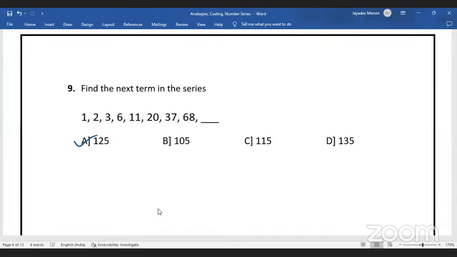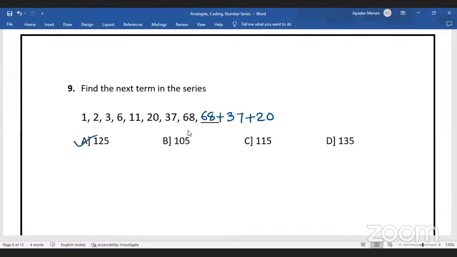Now next term 11, it is 6 plus 3 plus 2. 20, 11 plus 6 plus 3. 37, 20 plus 11 plus 6. 68, 37 plus 20 plus 11. So in the same way, the next term will be 68 plus 37 plus 20.